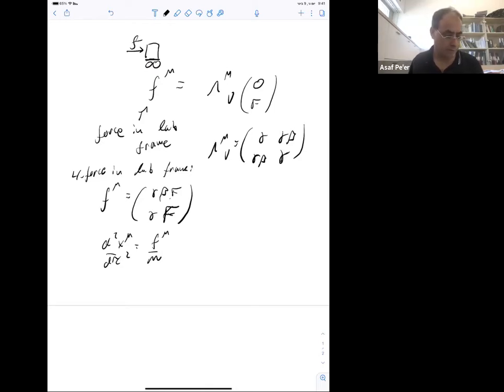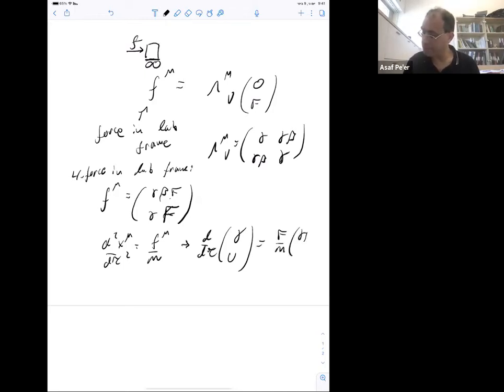Now, d over d tau of dx mu over d tau. So dx0 over d tau is just gamma, so d over d tau of gamma. And dx1 over d tau is u. It's all in 1D. It's just f over m times gamma beta gamma.